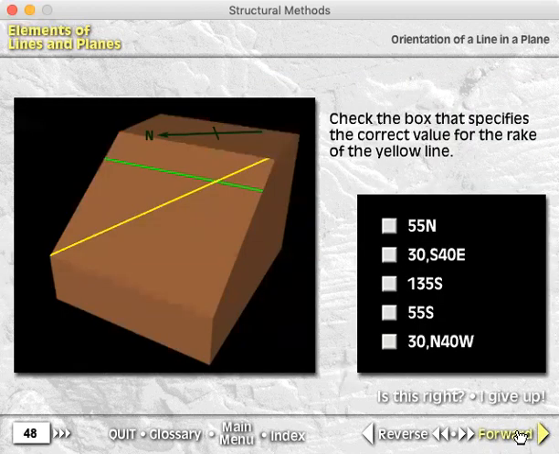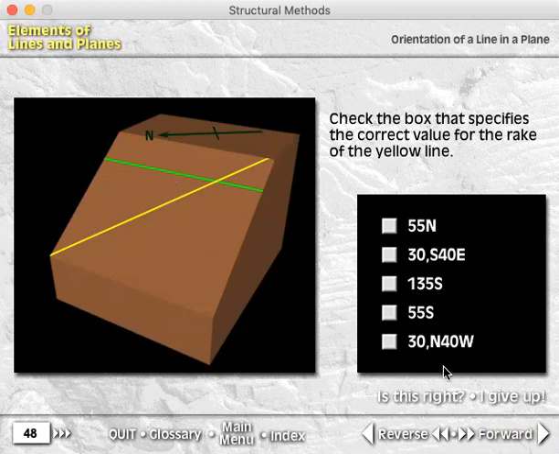Check the box that specifies the correct value for the rake of the yellow line. Okay, so the green is our strike line. So this is our dipping plane. This is a strike line. Let's, for example, say this is a tool mark. And it crosses the strike line at some acute angle, an angle less than 90 degrees.